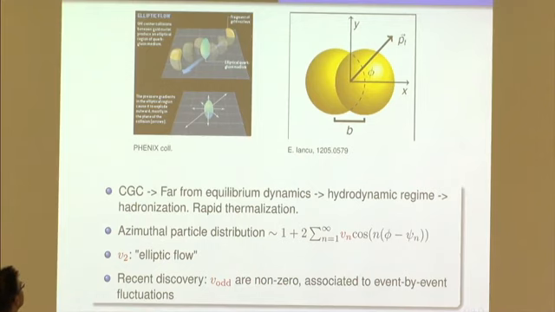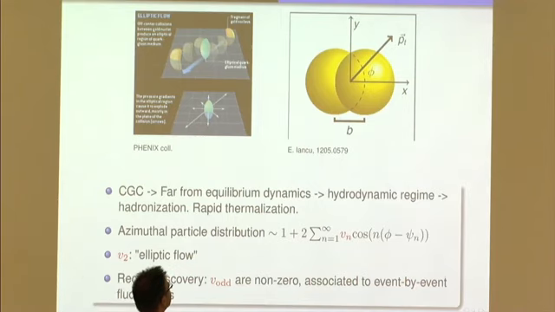And then there's this idealized picture that after the collision, the interaction region has an almond shape, and due to this elongated shape, there are pressure gradients, which tend to drive the flow more in these directions and less in those directions. Now, if you take the reaction plane, you can introduce some coordinates.